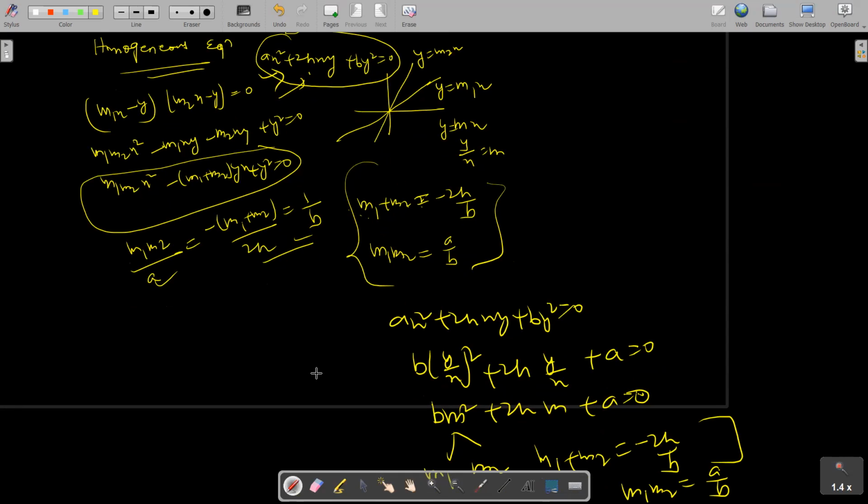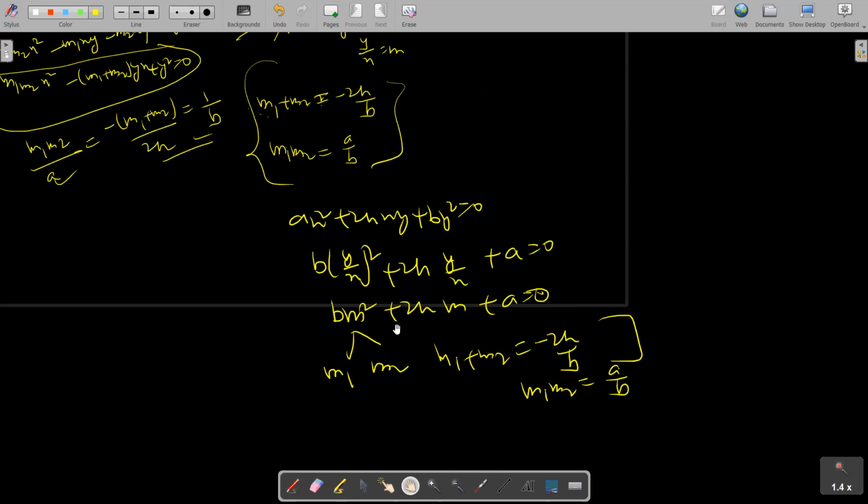So how did you go from b m squared to m1 into m2? This is quadratic in m, right? So m will have two values, m1 and m2.